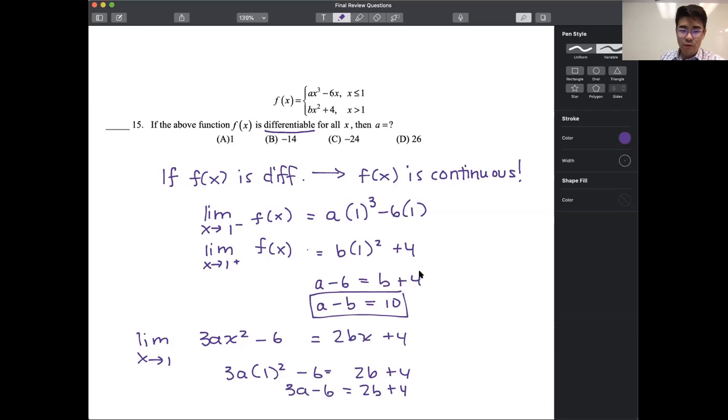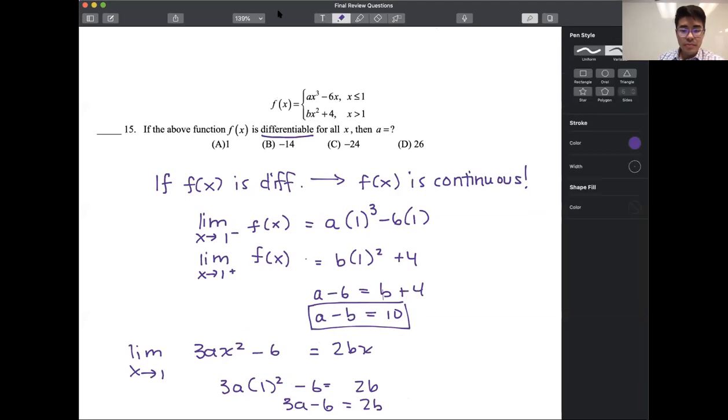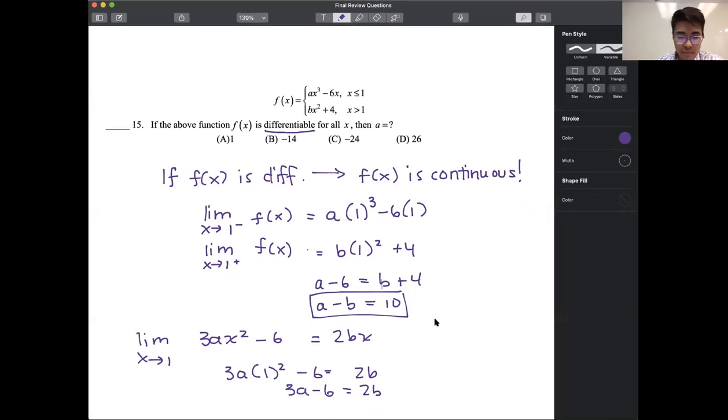Oops, there shouldn't be a 4 there. You have to take the derivative of a number, and then it becomes 0. So we get 3a minus 2b is equal to 6.